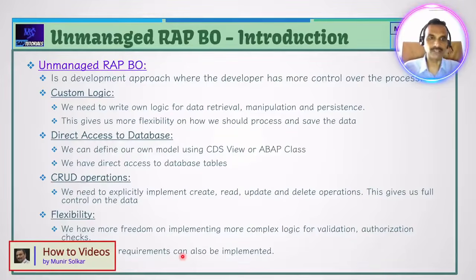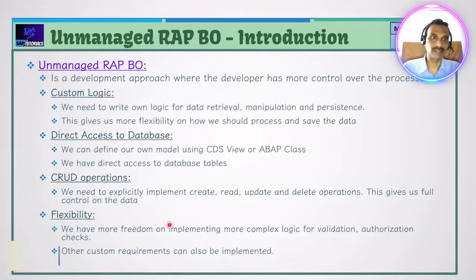But say, for example, if the customer, while creating the contact, gives an email ID, using the unmanaged scenario I have more freedom to send an email to that particular contact, saying welcome to our group or something of that sort.